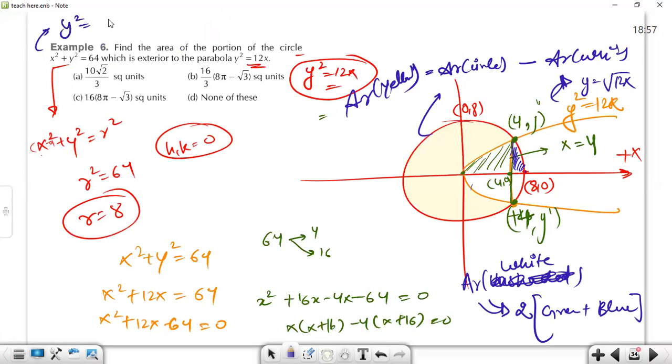Y square equals 64 minus x square, and y will become square root of 64 minus x square. So the same here, and the limit is from 4 to 8.